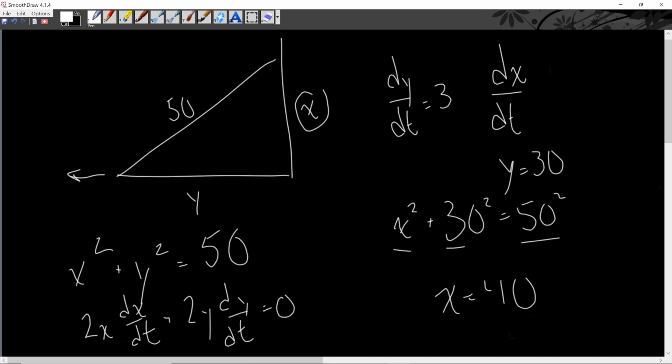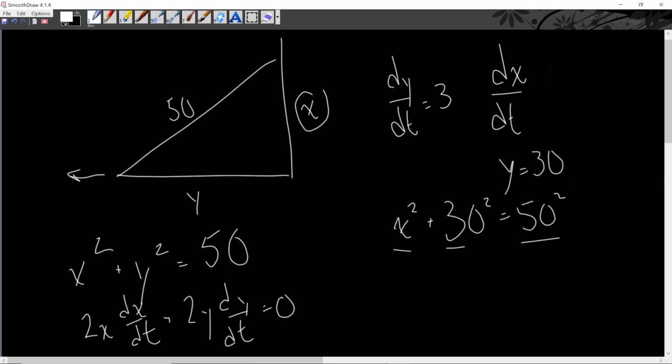And let's see. Now we have to find dx/dt. So if dy/dt is equal to 3 and y is equal to 30, let's solve for dx/dt. So we'll just bring that 2y dy/dt to the other side.